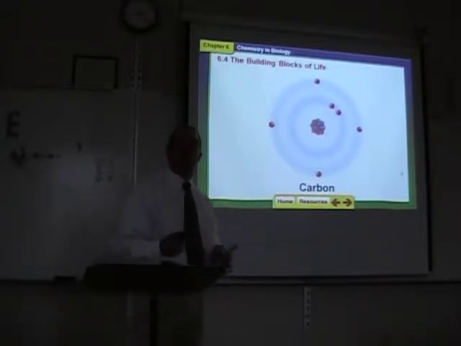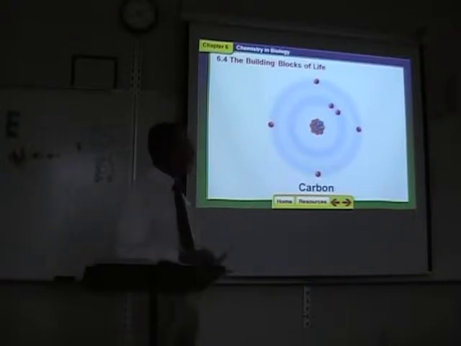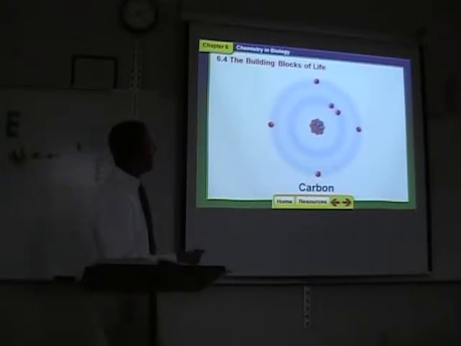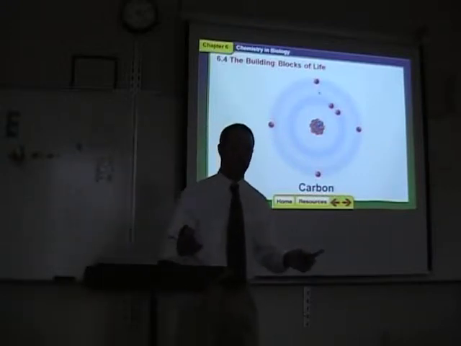The deal with carbon is important because it can form large molecules. It's got 4 electrons in its outer level. And having 4 electrons in its outer level allows it to share those electrons with 4 other atoms.